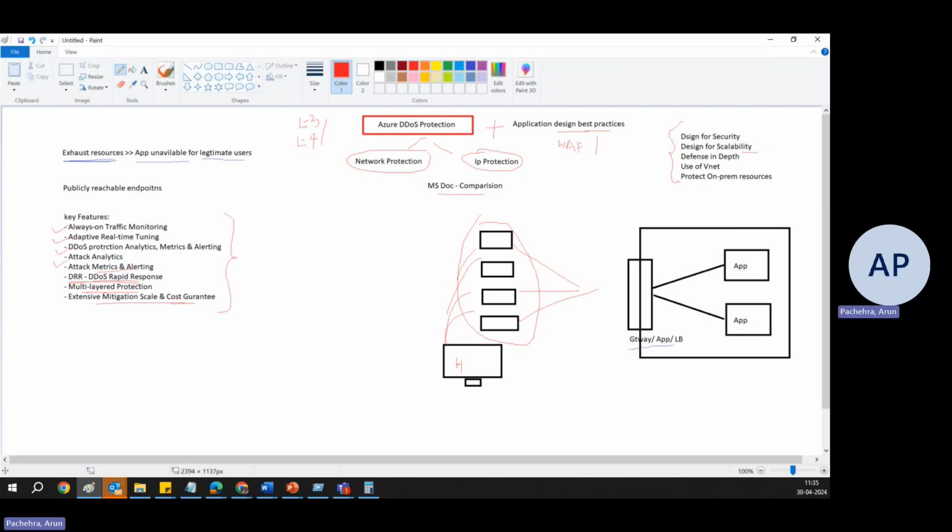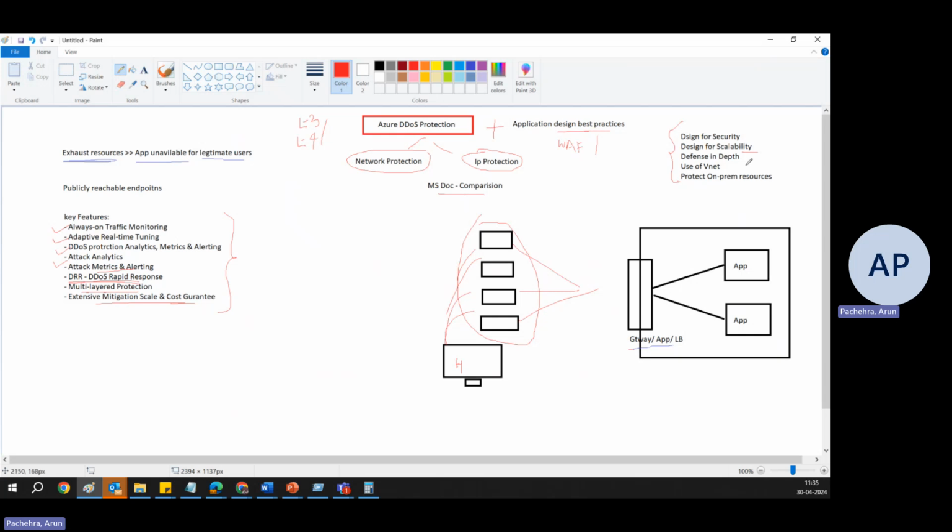Design the application to scale out horizontally to meet increased loads, especially during DDoS attacks, because it will take some time to detect the patterns and mitigate or block it. Use multiple instances of services to enhance resiliency and scalability.